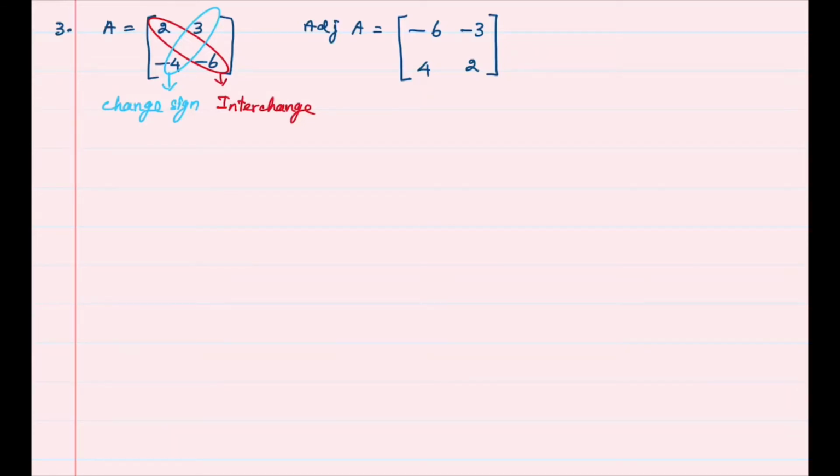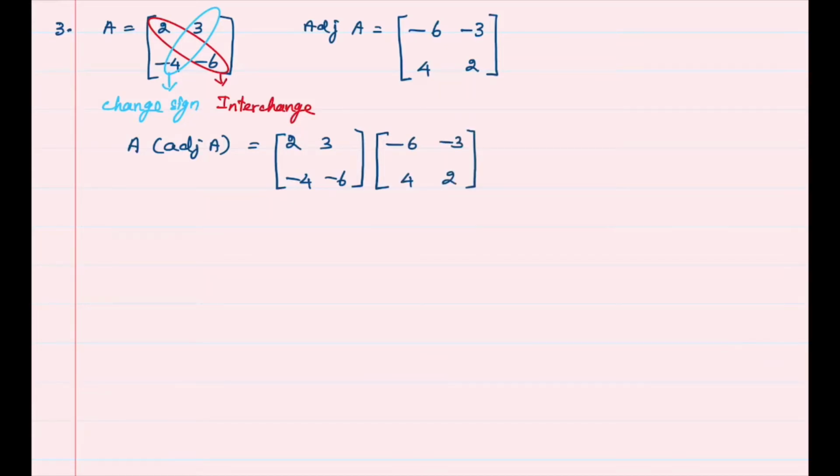If you use this method to write the adjoint of a 2 by 2 matrix, don't transpose it. Now we will find A times adjoint of A. A matrix is 2, 3, minus 4, minus 6. And adjoint of A is minus 6, minus 3, 4, 2. When you multiply 2 by 2 matrices, you may go wrong by subtracting the corresponding products.